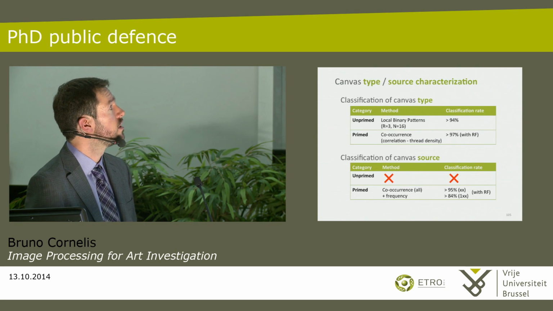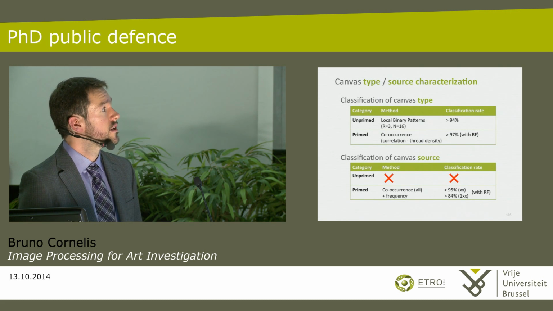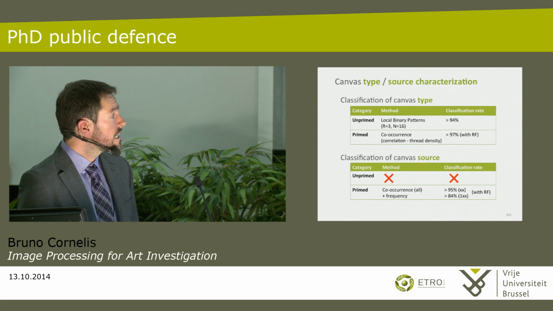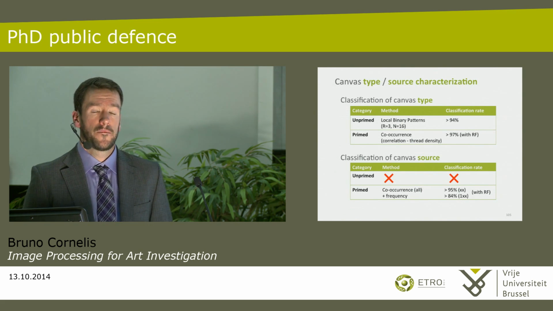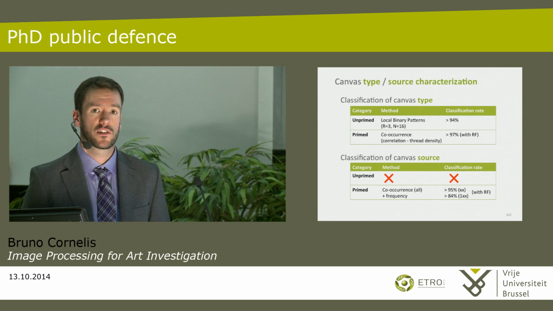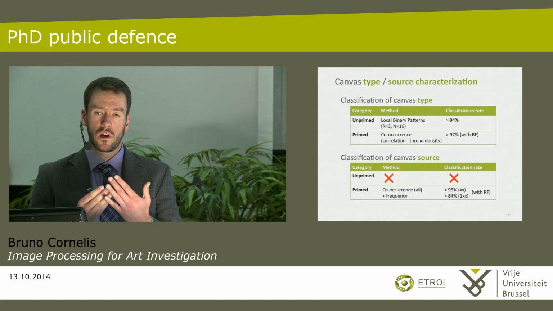So in case of classifications of different types of canvas, we see that we have very nice classification results of 90% and above. In the case of trying to find the source of a piece of canvas, in case of the unprimed pieces of canvas, this does not make any sense because the cloth is too mobile.